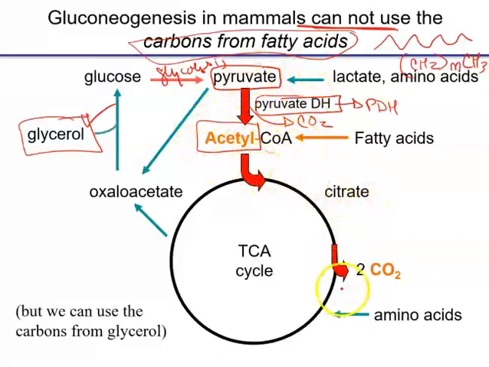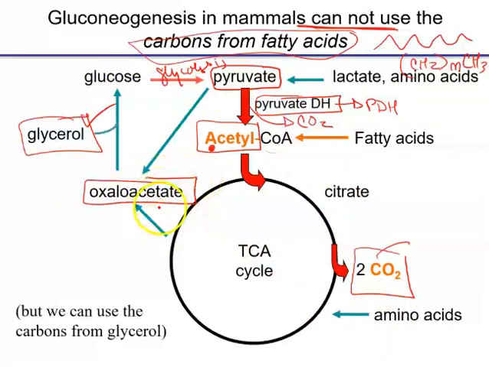In the turning of the TCA cycle, these carbons are going to be thrown out as CO2. And so the carbons of pyruvate are going to be thrown out as CO2 before we have formation of oxaloacetate that we then use in gluconeogenesis.